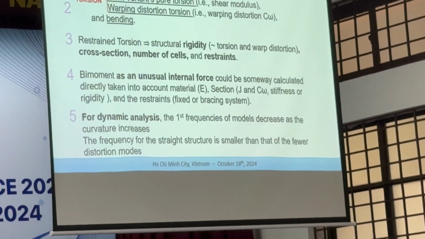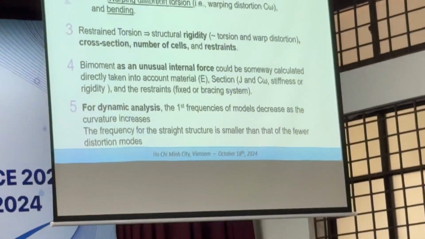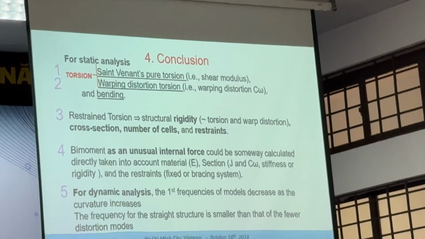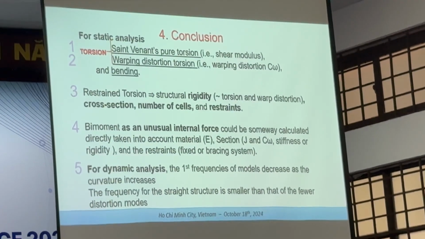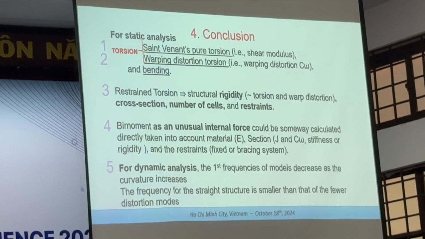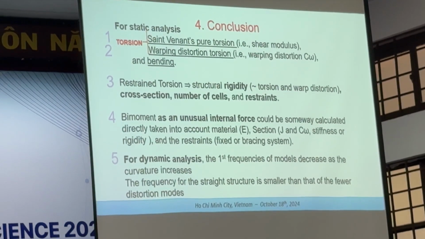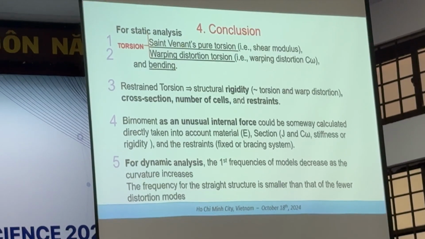So we come to some preliminary conclusions like this. First, we have two parts of torsion: the pure torsion and the warping distortion torsion. They are combined with the bending internal forces.